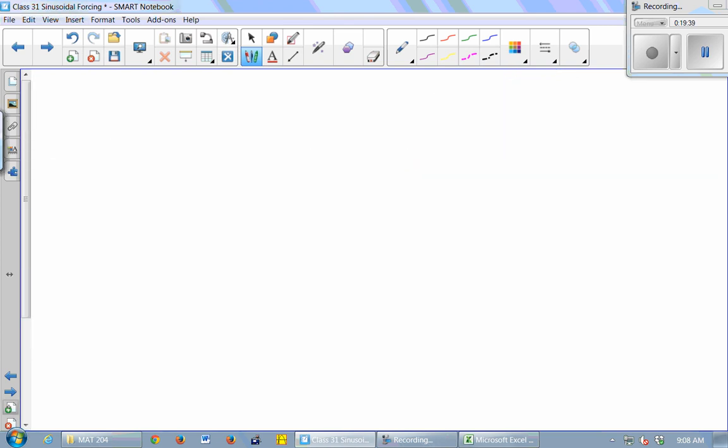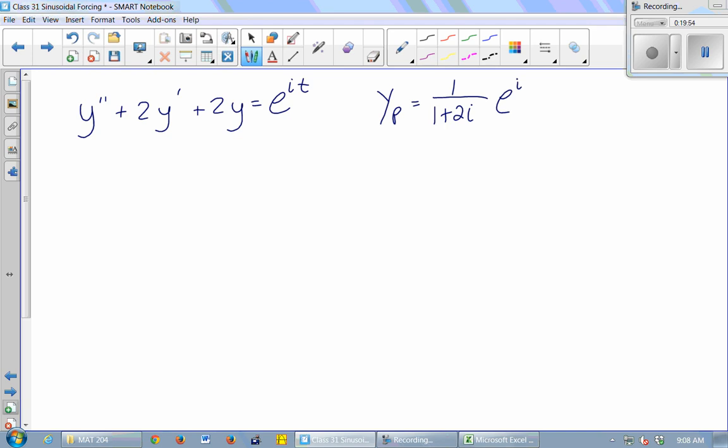So I was trying to solve y double prime plus 2y prime plus 2y equals e to the i t, and I found a y particular is 1 over 1 plus 2i e to the i t.